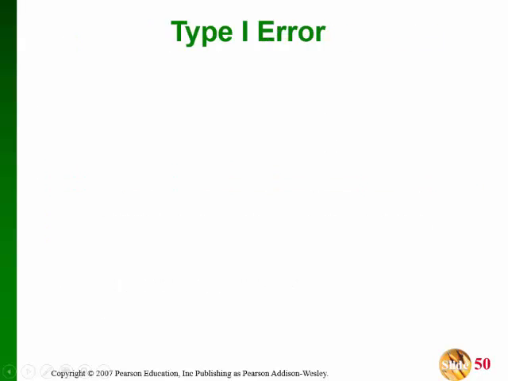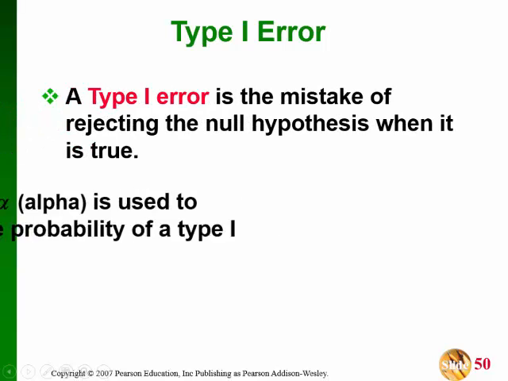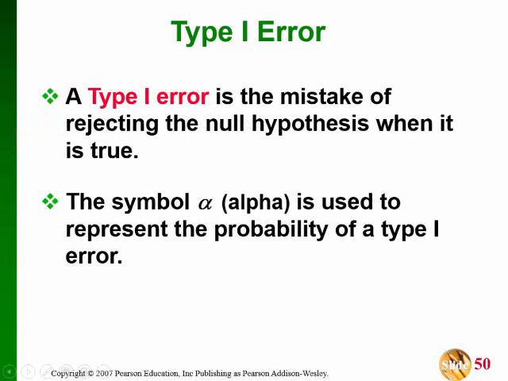All right, errors. So imagine, the whole thing about this is that we don't know what the actual truth is, what the actual truth with the data is, with the population.